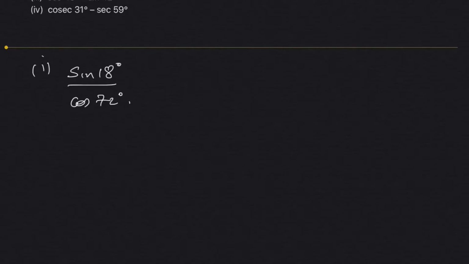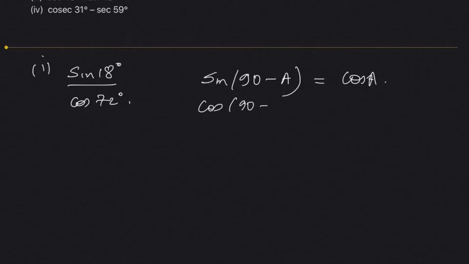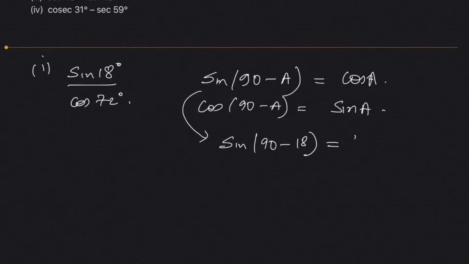Just remember this: sine (90 minus A) will always be cos A. And in the same way, cos (90 minus A) will be equal to sine A. Are you following me? So suppose we have something like sine (90 minus 18). This will be simply cos 18, right?